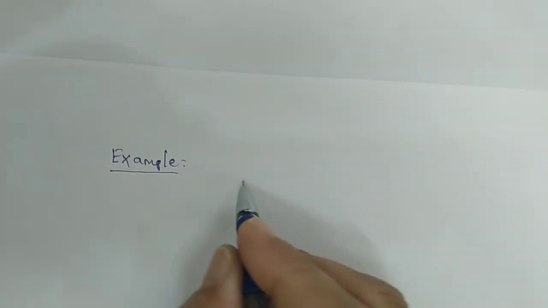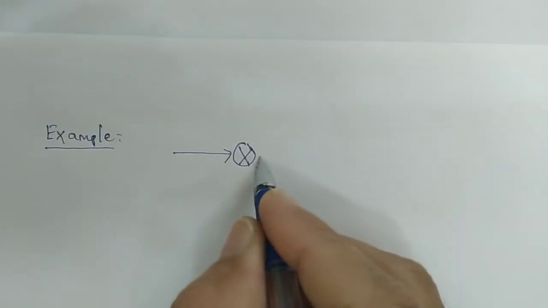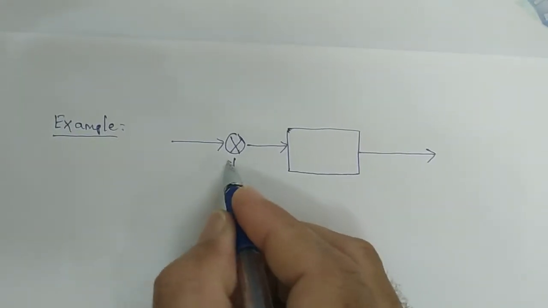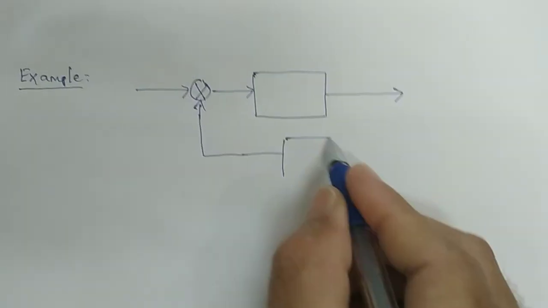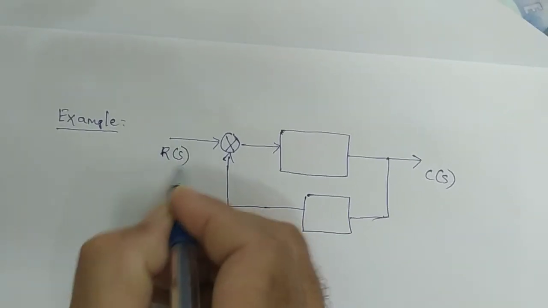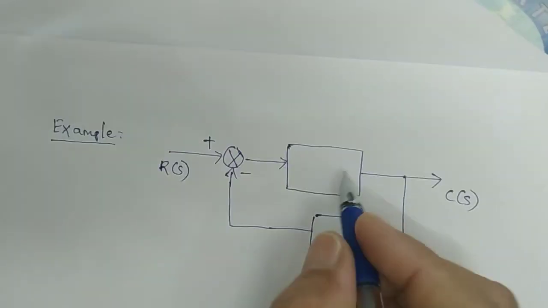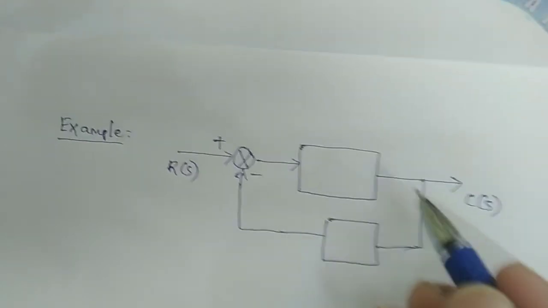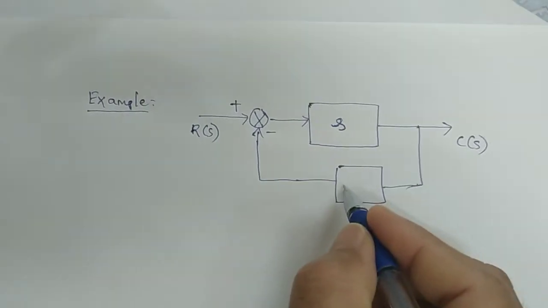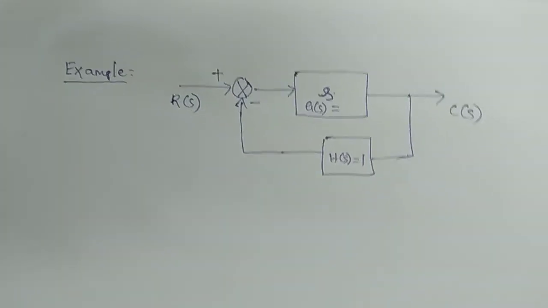Here C of s is the output, this is R of s, and the feedback is negative. Say the gain of the system is G of s equal to s, whereas H of s is equal to 1.